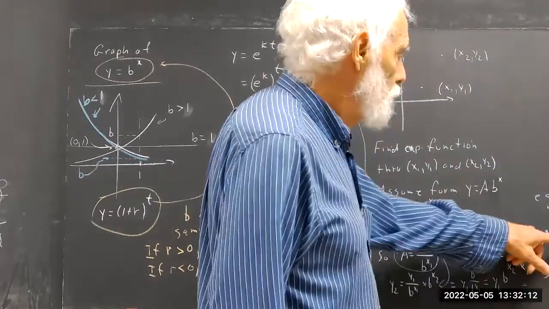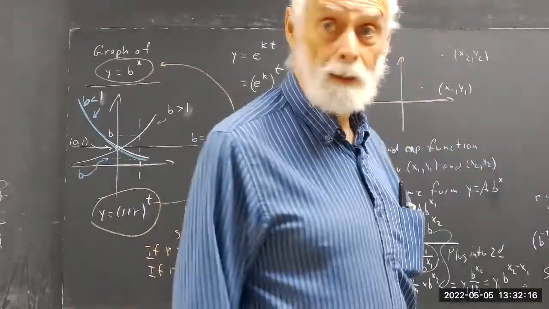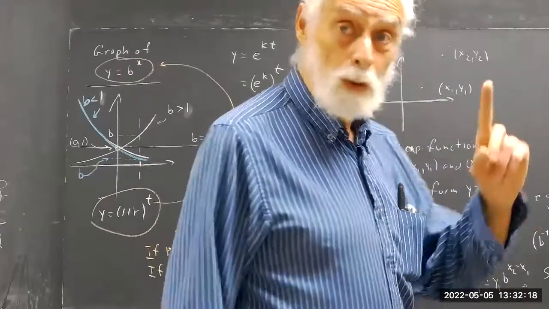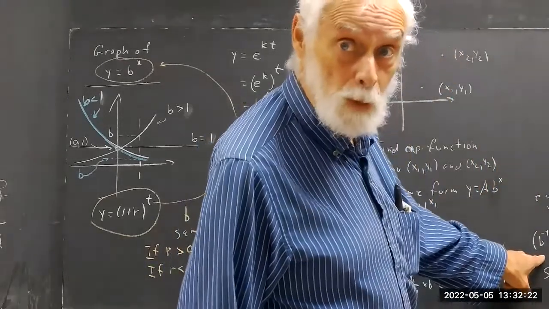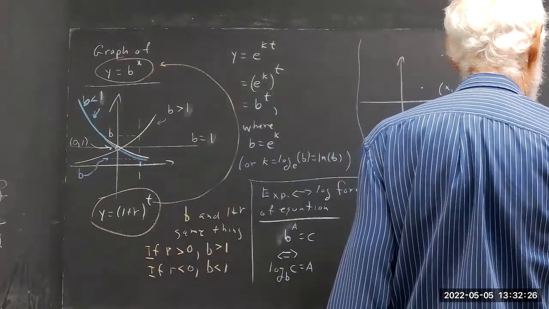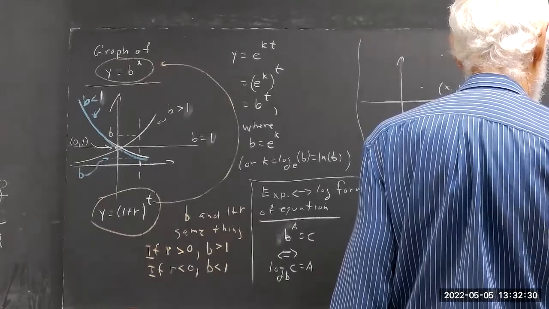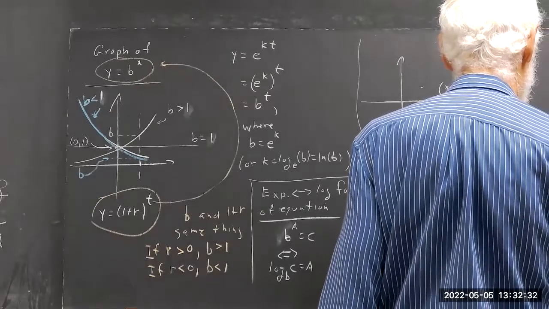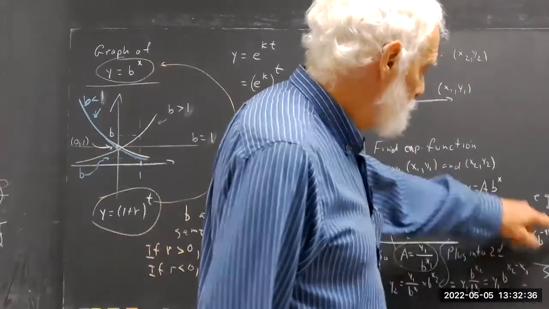You take the negative 1/4 power. b to the negative 4, because your powers multiply, and you get 1. So this is just b to the 1, or b.